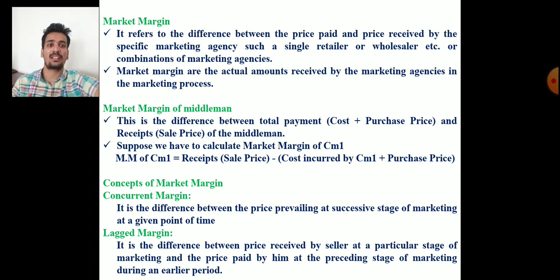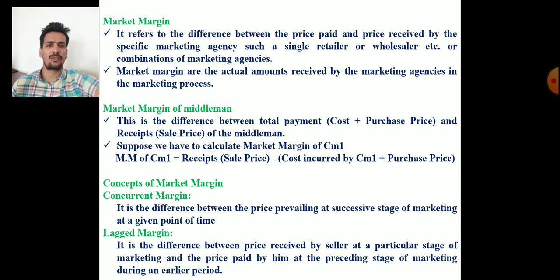So these are some costs incurred by the first middleman, plus the purchase price. This is how you calculate the market margin of the first middleman, and likewise for the second and third middleman. Then you make the summation of the market margins of all these middlemen, and you get the total market margin in that particular marketing channel.